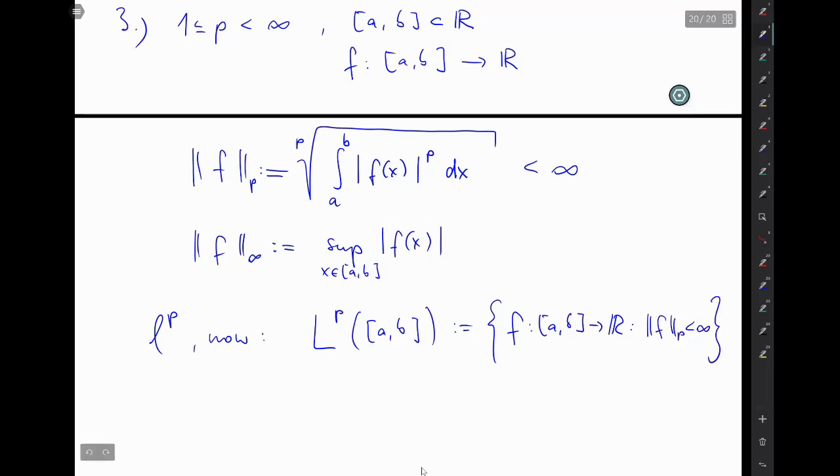So the construction is just like before. The only thing that changed is now you've got functions instead of sequences or infinite vectors, and that's why you take integrals.